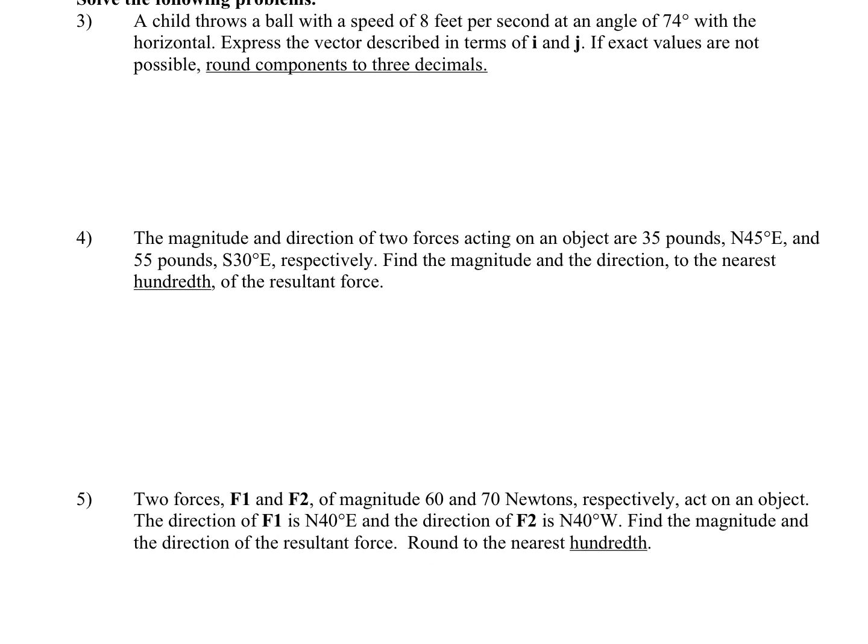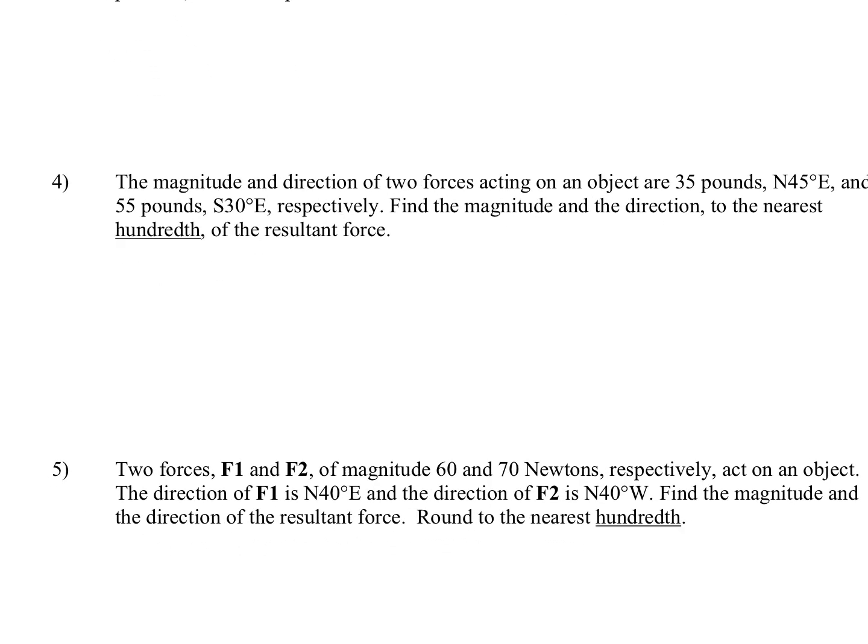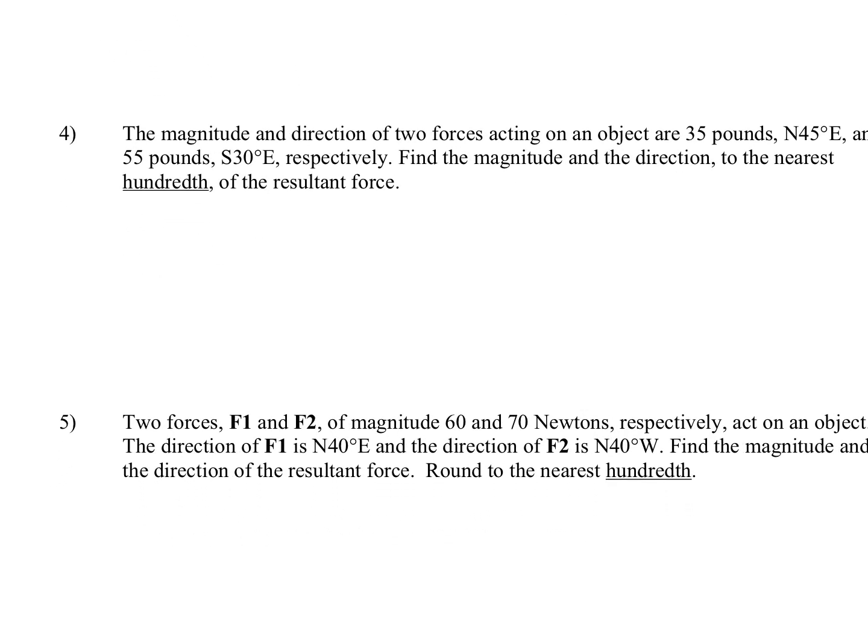So I'm going to skip 3 because basically 4 and 5 are asking the same questions. 3, 4, and 5 are all about breaking down a component, but 4 and 5 are a little bit more challenging. So let's look at that. I have a box that has 2 forces being acted on it, both in bearings.